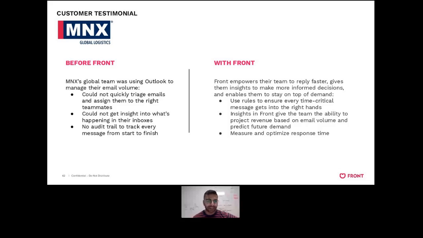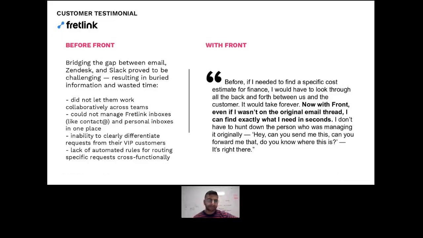Here's some case studies. I won't bore you with the deep nitty-gritty of this, but here's some of the ways MNX, one of our customers, was able to go from Outlook, where they couldn't quickly triage messages or assign messages to specific team members, and now with Front, they are able to do that. They have that visibility and therefore get back to their customers faster.